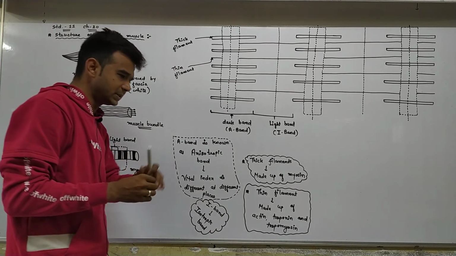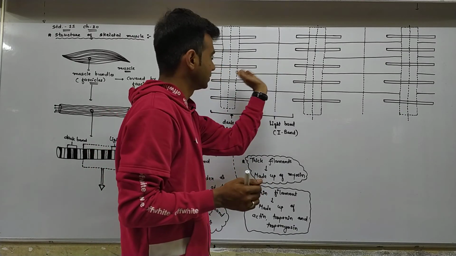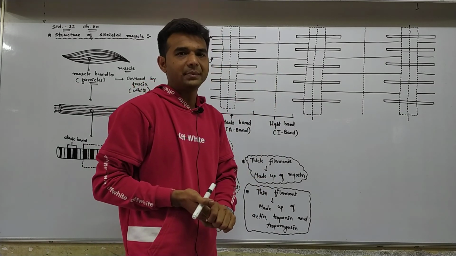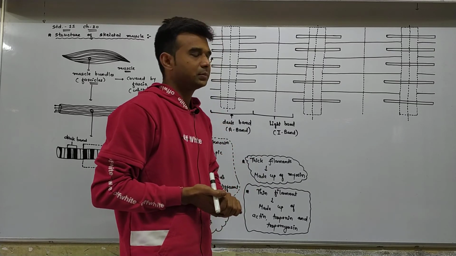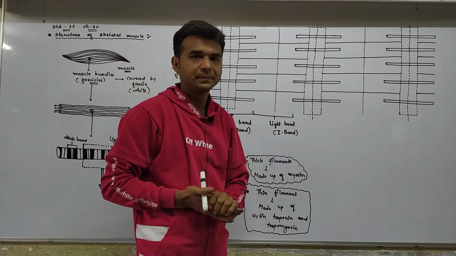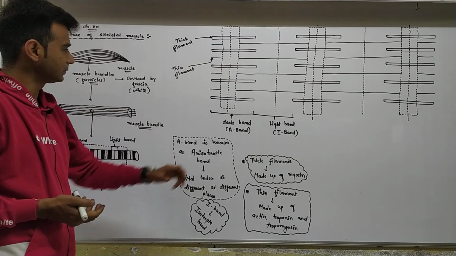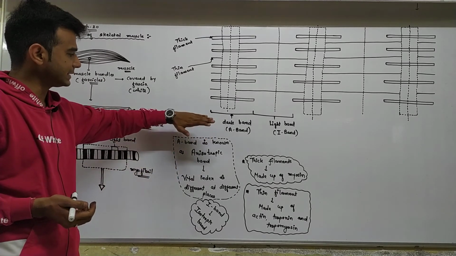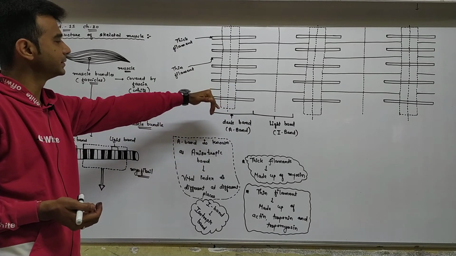We will move one step forward. The structure of this, the thick and thin filaments, I will take in the next lecture. But here you only consider these lines. So again, the dark band is known as the A band and the light band is known as the I band.